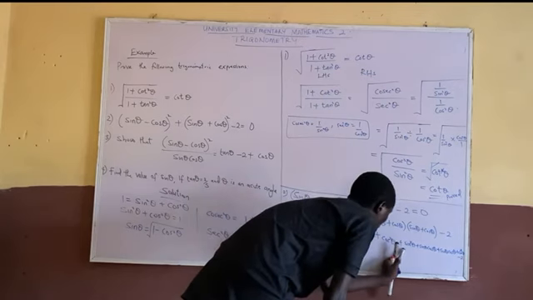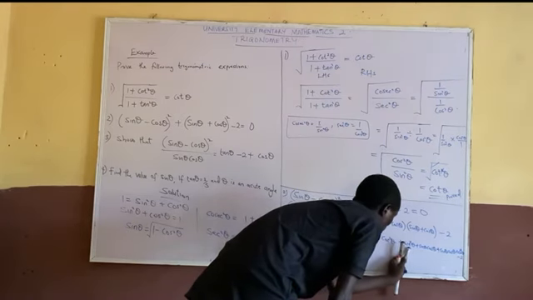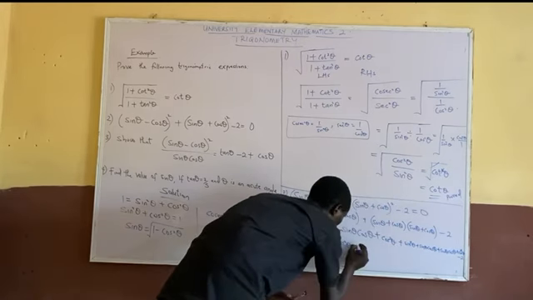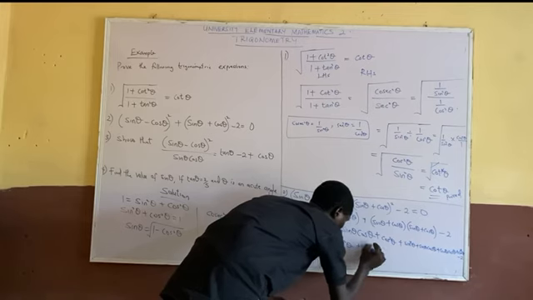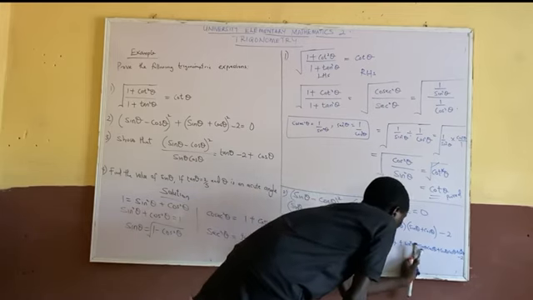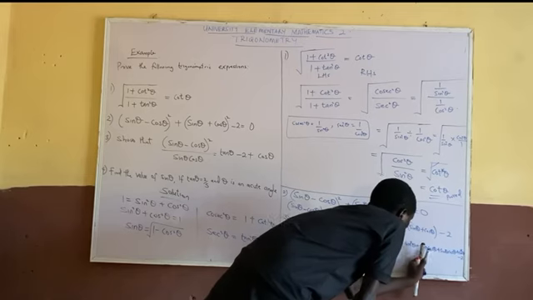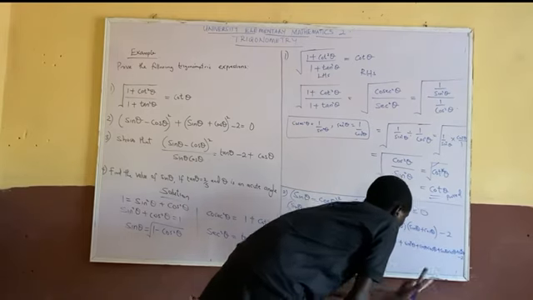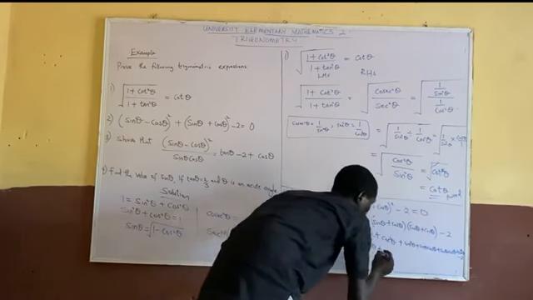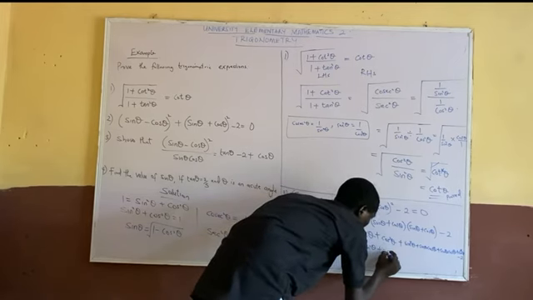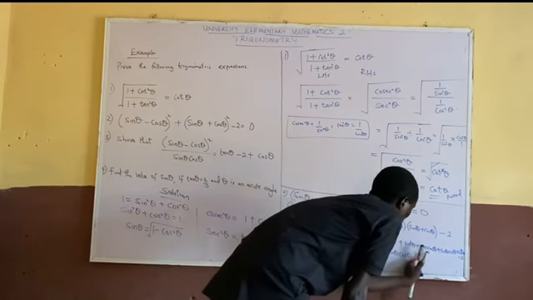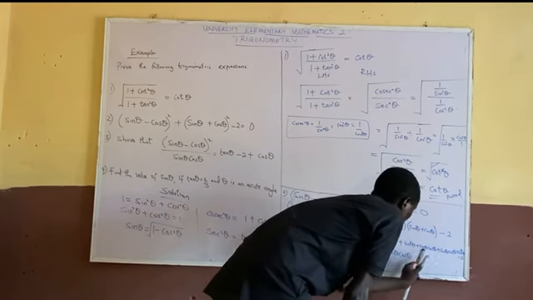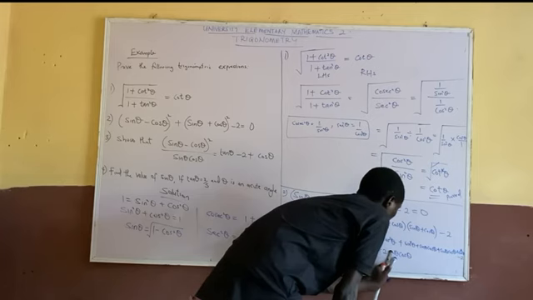Now plus sin square theta. You have sin square theta also here, so you can write down sin square theta again. So it's sin theta cos theta plus sin theta cos theta, it will be plus 2 sin theta cos theta.